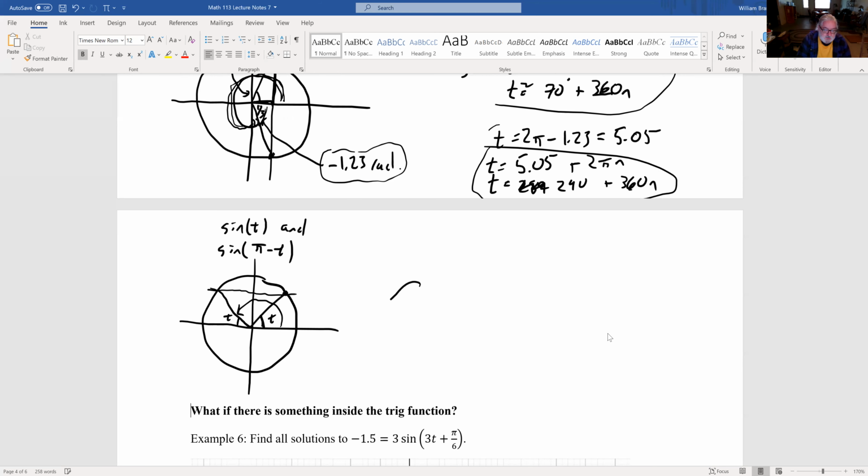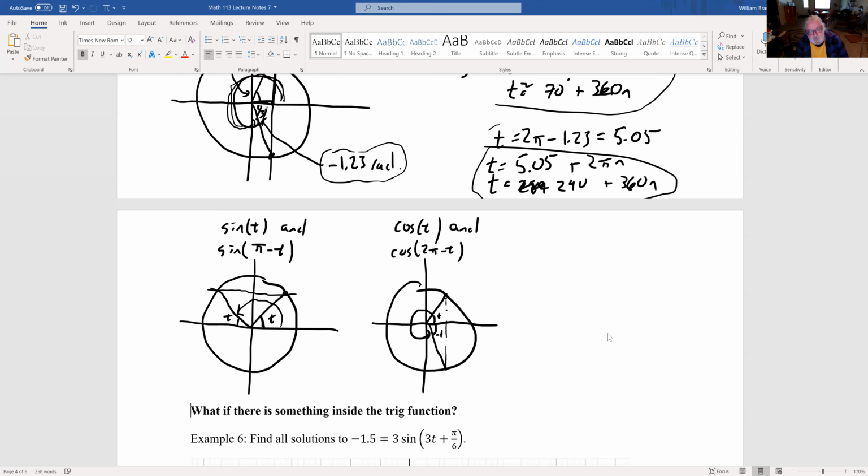If we're looking for cosine, well, cosine is the x. So if this is my angle t, then this is minus t, so this whole thing around here is 2 pi minus t. So cosine of t and cosine of 2 pi minus t have the same value.